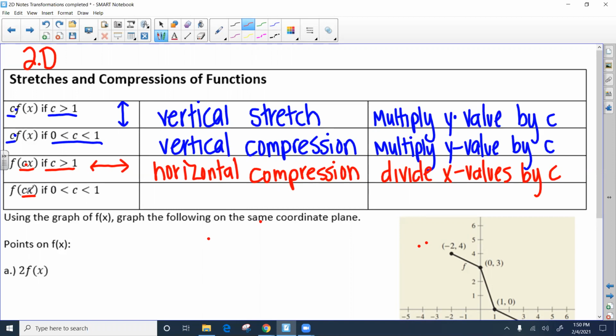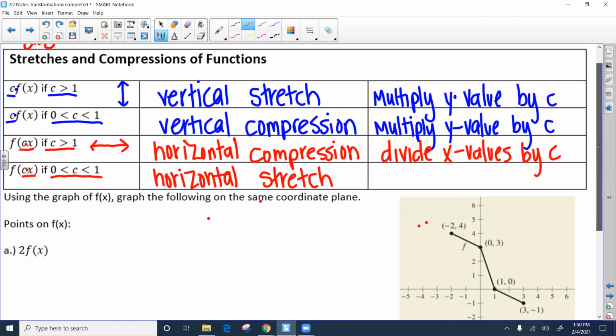So the last one here, f of cx, is still multiplied. This time the difference is the c is between 0 and 1. It's still horizontal because it's still affecting the x values. This one, though, is going to be a horizontal stretch.